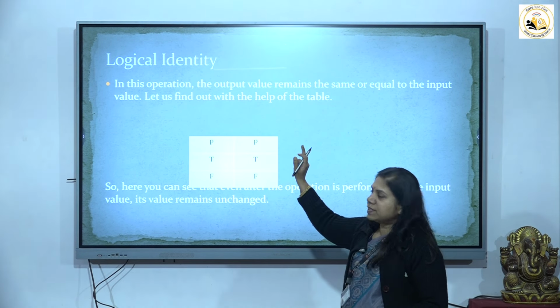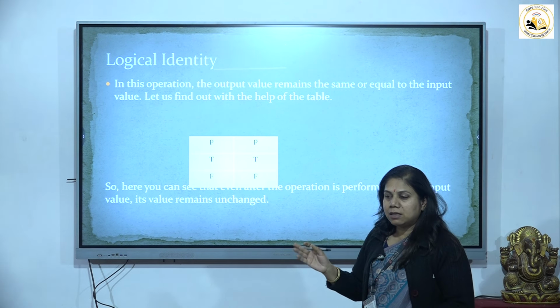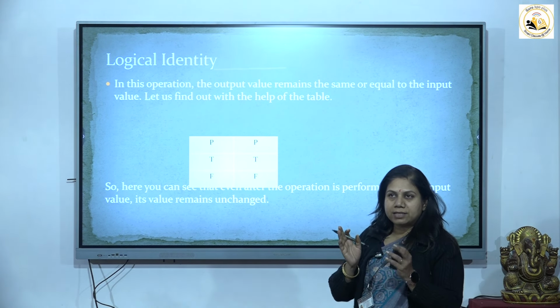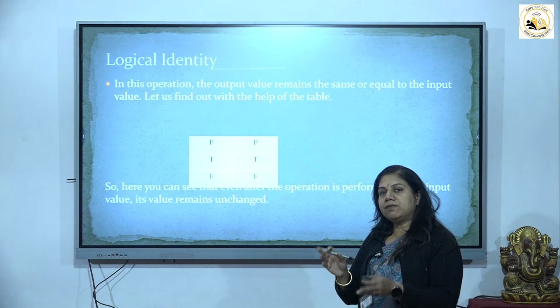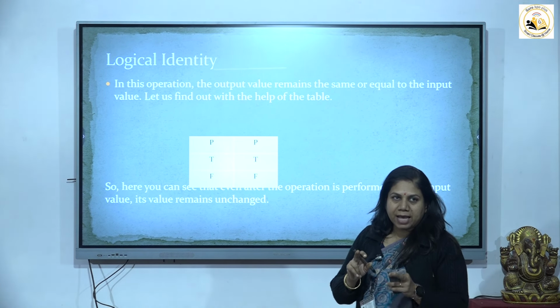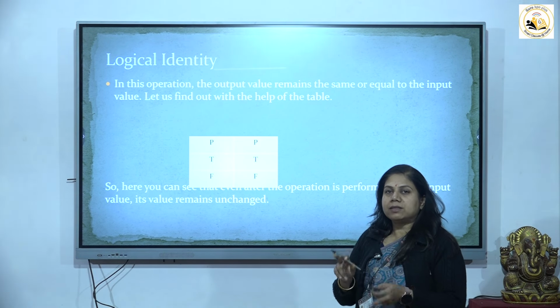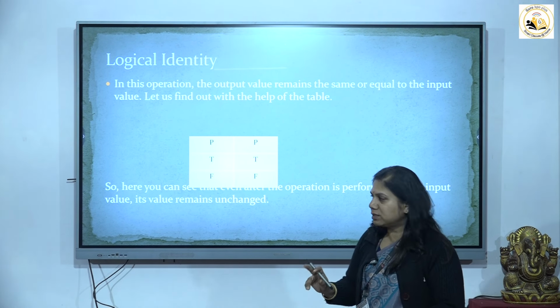Now logical identity. Logical identity means if we give a statement result true, then it will result true. If the statement has false answer, then it will give answer, logical answer false.